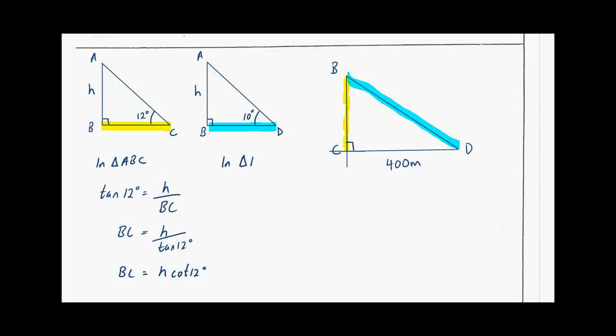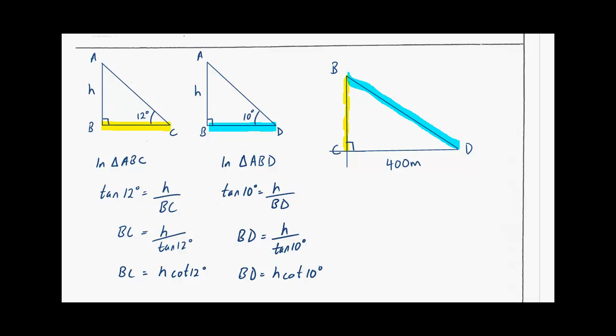In triangle ABD, we've got tan 10 degrees is equal to H over BD. Rearranging BD, we get BD is H over tan 10. And because 1 over tan is cot, BD is equal to H cot 10 degrees.